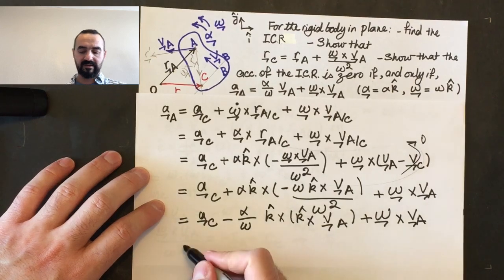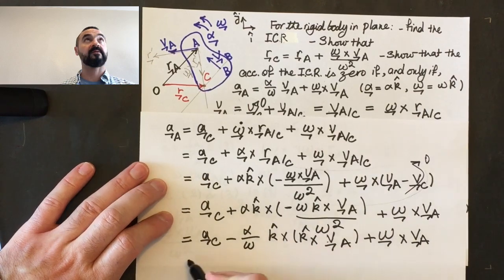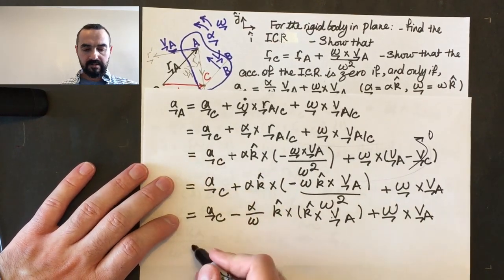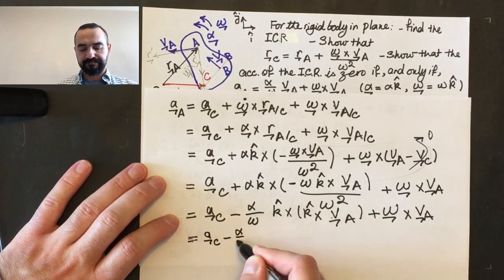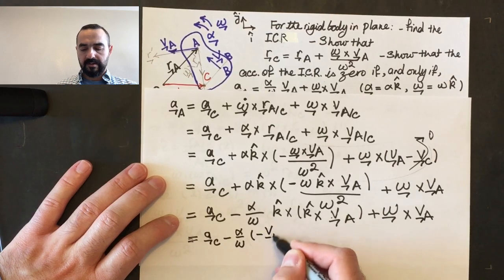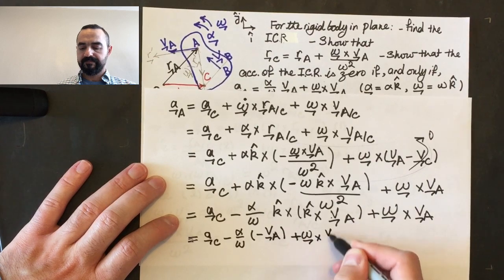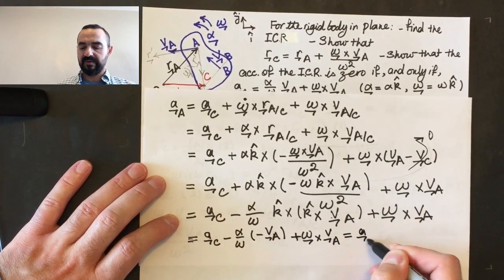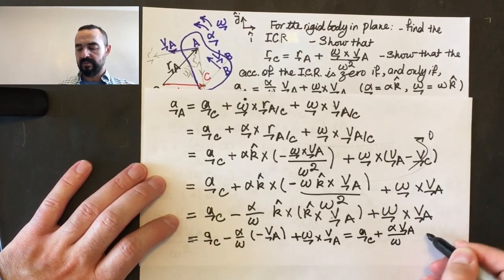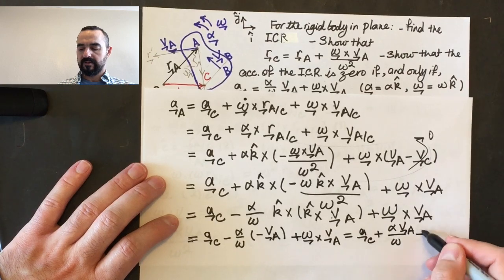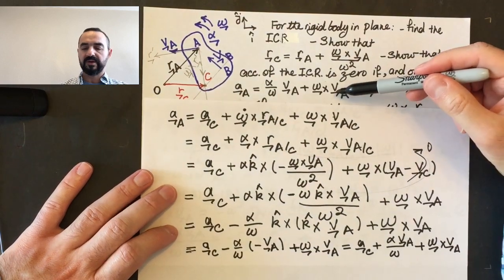All right, fantastic. So all we need to do here is get omega cross V A. So this is equal to A C plus alpha V A over omega, minus alpha V A over omega, plus omega cross V A, and this is what we're looking for.